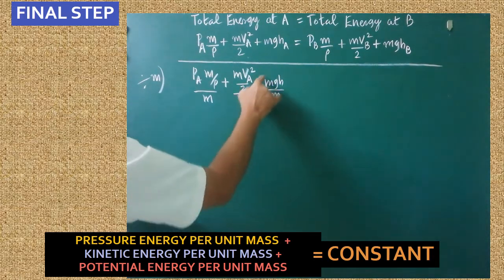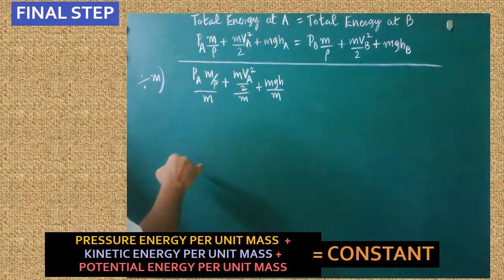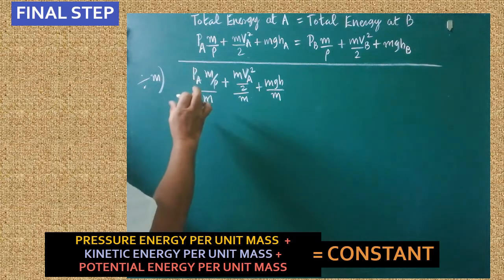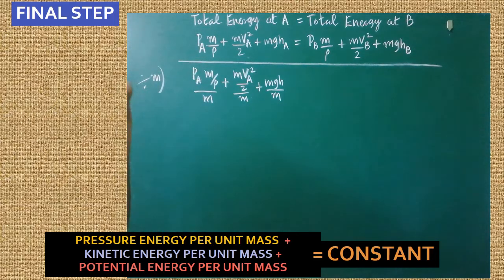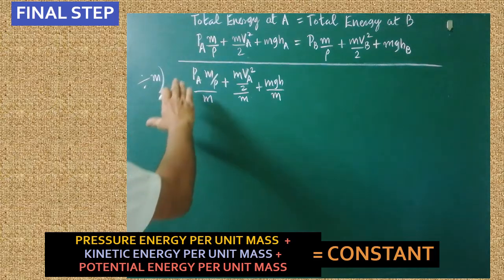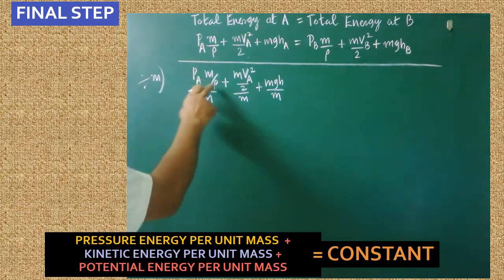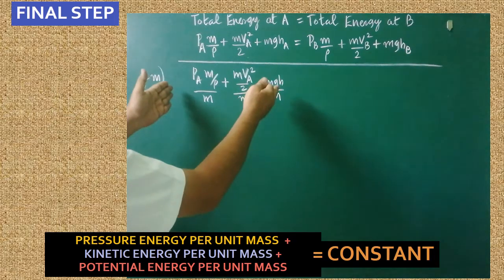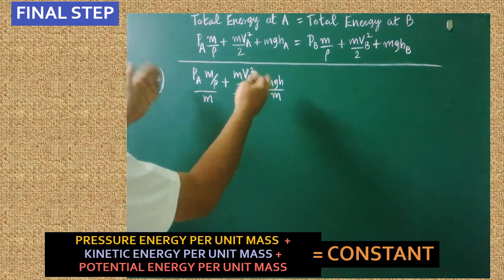This one gives you potential energy per unit mass. Why is m divided in all equations? To get the kinetic energy per unit mass, potential energy per unit mass, and pressure energy per unit mass. That's why each factor is divided by m. So for the A end we have calculated.